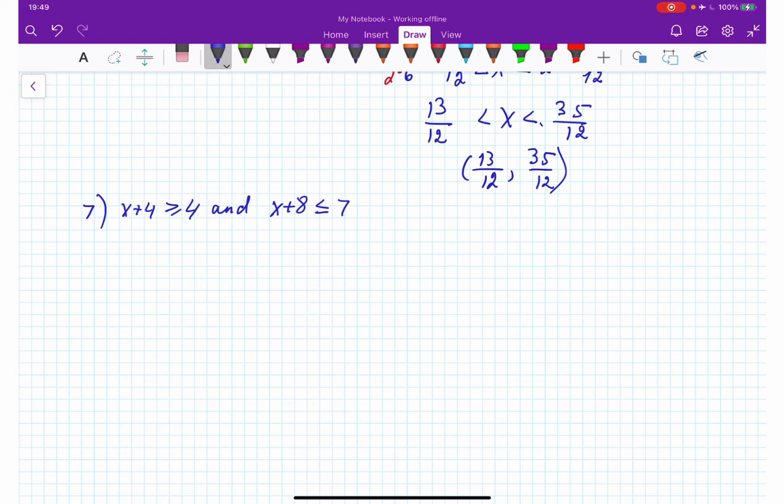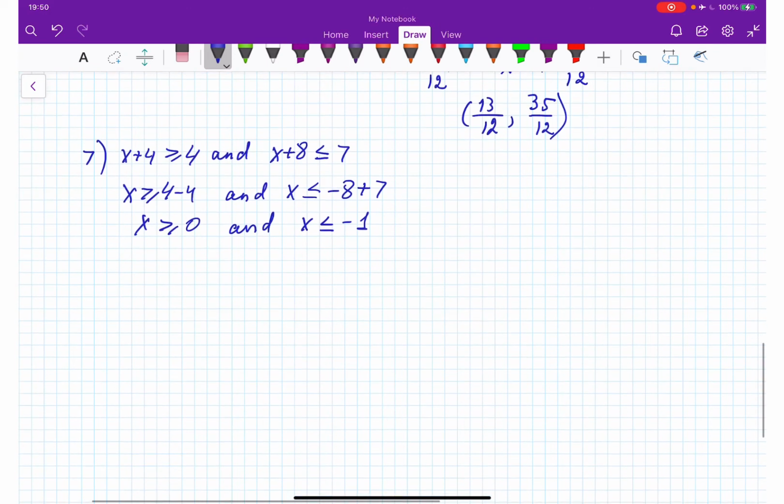Okay, what do we get from here? x greater than or equal to 4 minus 4, and x less than or equal to negative 8 plus 7. So we get x greater than or equal to 0, and x less than or equal to negative 1.